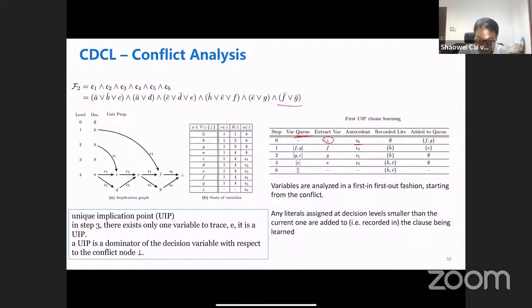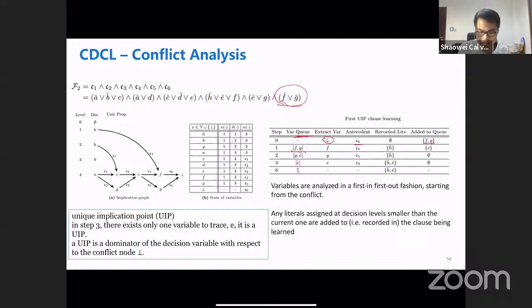The reason in C6 is about variables F and G. So we add F and G into this Q, because the conflict happens in clause C6, and C6 has these two variables. So both variables must be analyzed.